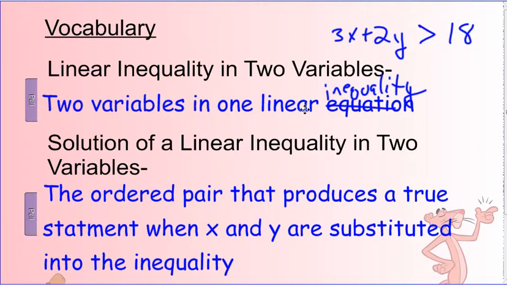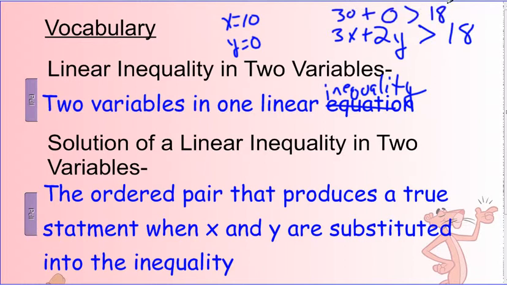So for example, in this one up here, if we plugged in x equals 10 and y equals 0, let me get my marker out. That'd be 3 times 10, which is 30, plus 0.